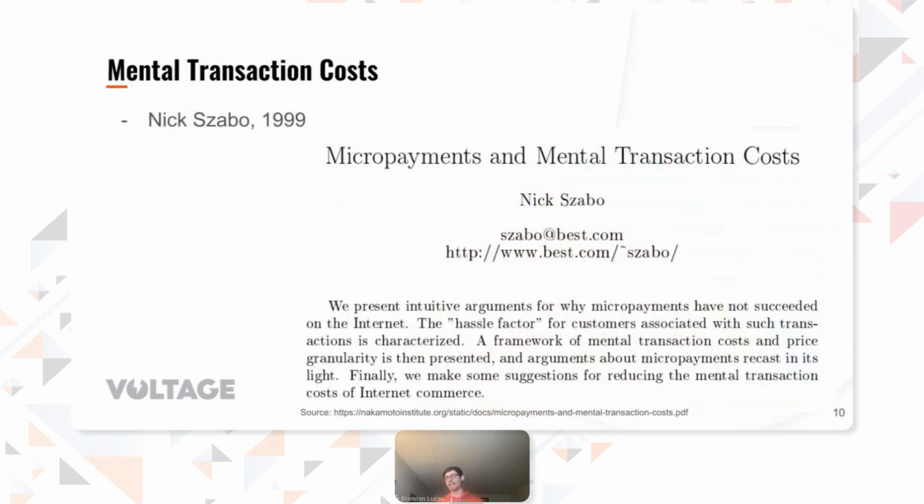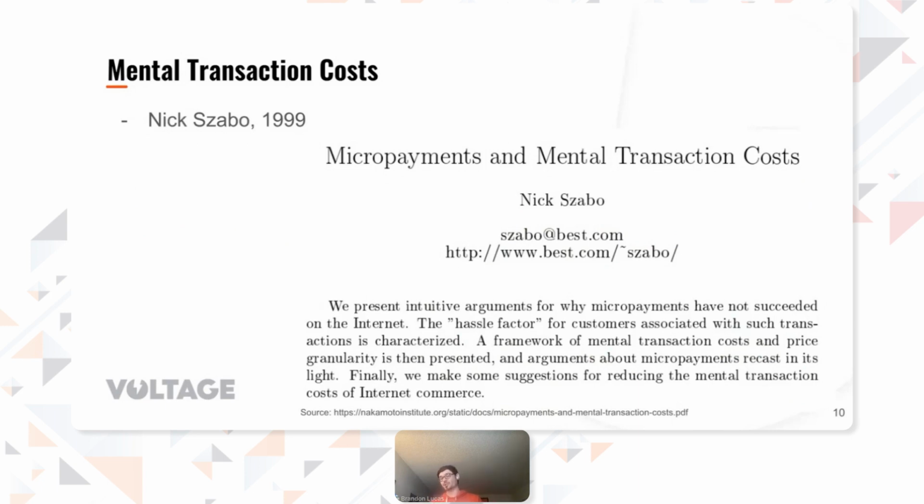But unfortunately, DigiCash went bankrupt around the time of the .com bubble when it was bursting, essentially. A lot of these micropayment companies went under. And around that same time, Nick Szabo, who is another very influential early Bitcoiner.